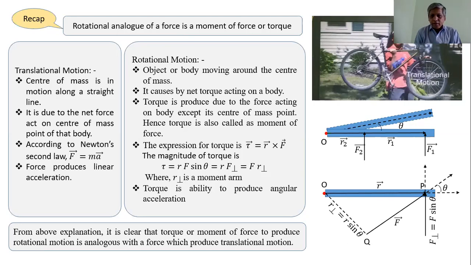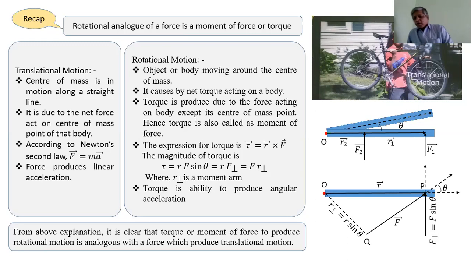Due to that, all the particles of the bicycle travel the same distance along the same line, or parallel to the center of mass point. Such a type of motion is called translational motion.